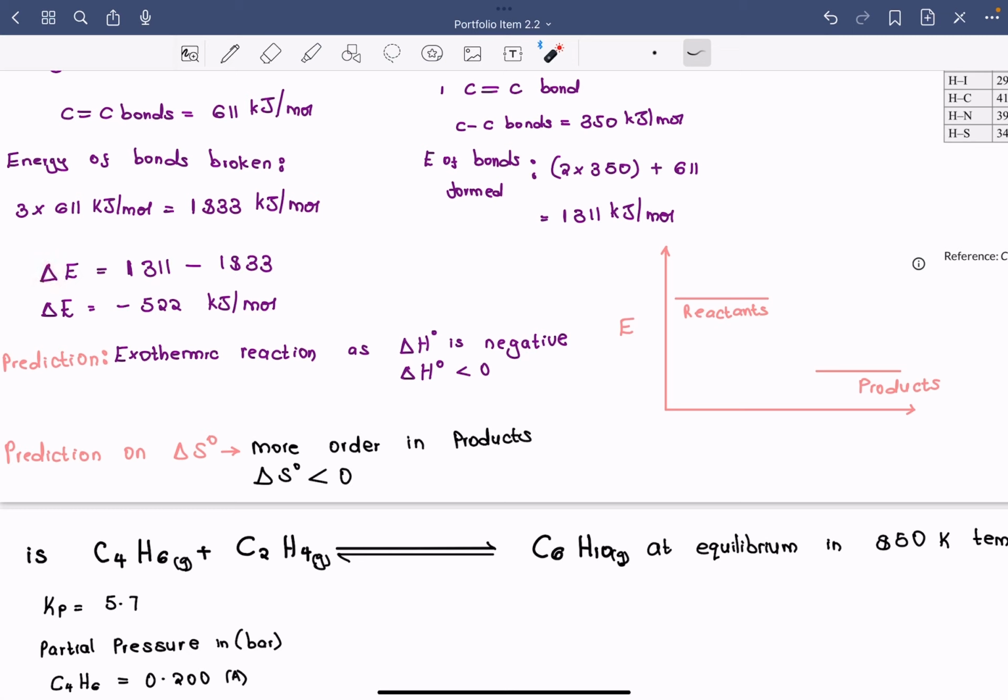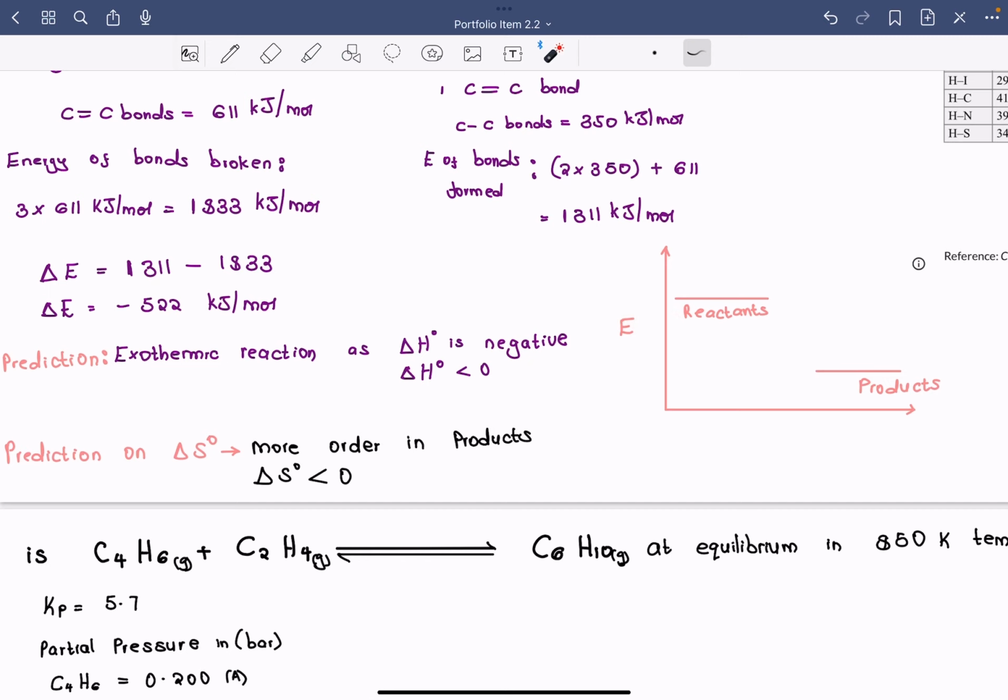So how do we get the change in energy? The change in energy will be the energy of the bonds formed minus the energy of the bonds being broken, right?